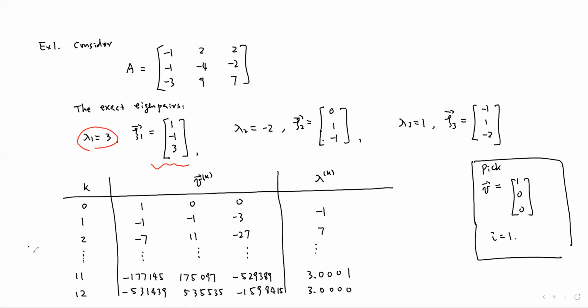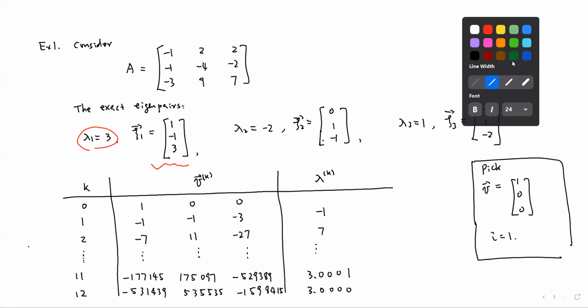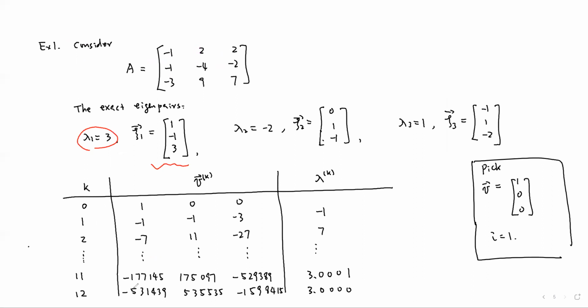But the problem is that the entries blow up to infinity very fast. It is possible that before the eigenvalue converges to 3, we have to stop the algorithm because the computer cannot store such big numbers. We have to stop.